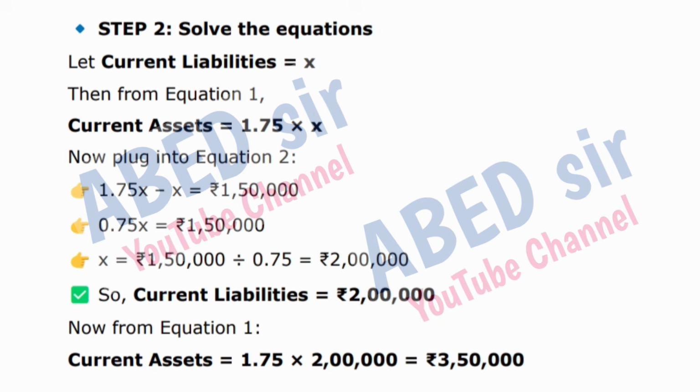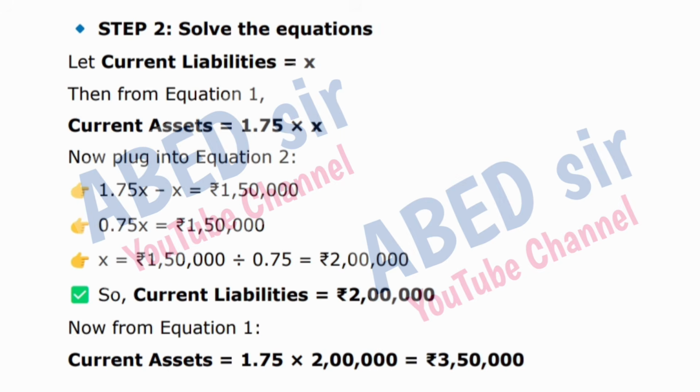Let current liabilities is equal to X. Then from equation 1, current assets is equal to 1.75 times X. Now plug into equation 2. 1.75X minus X is equal to 1,50,000 rupees. 0.75X is equal to 1,50,000 rupees.